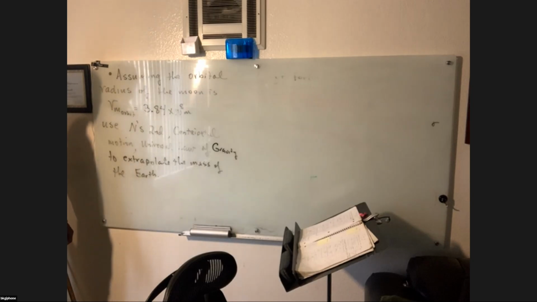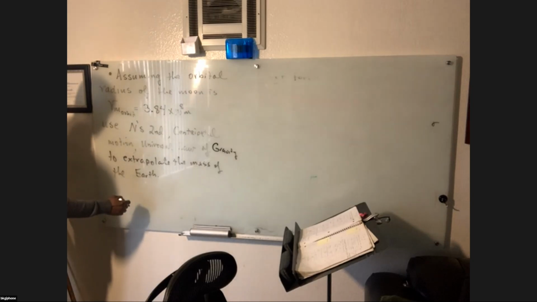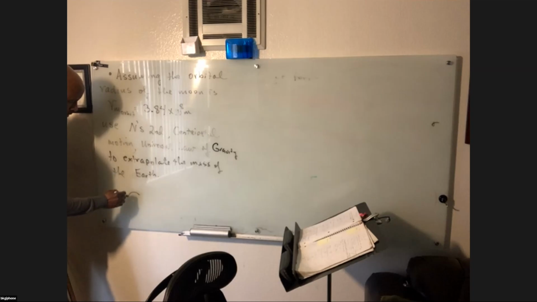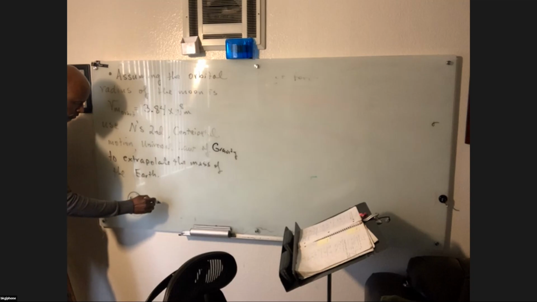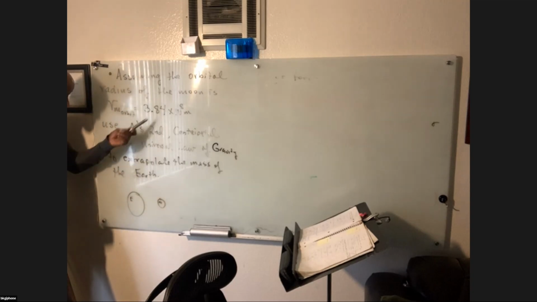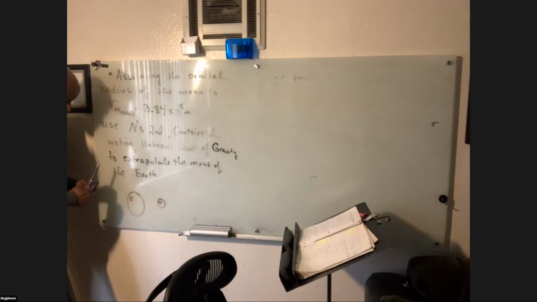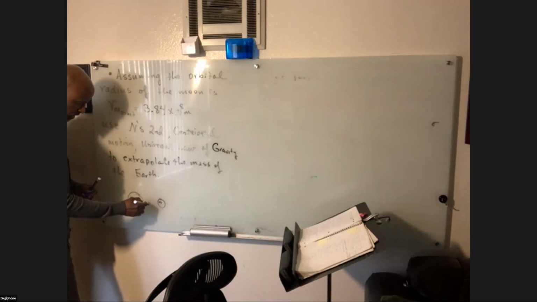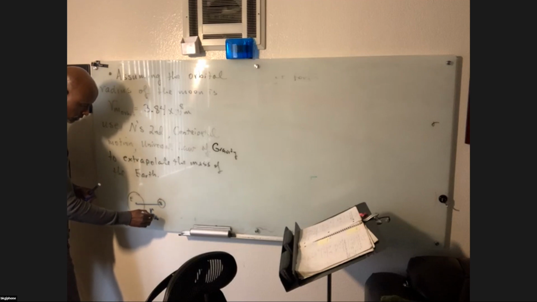So let me illustrate. Here's the Earth. Here's the moon. This orbital radius is the distance from center to center. That's our moon orbit.